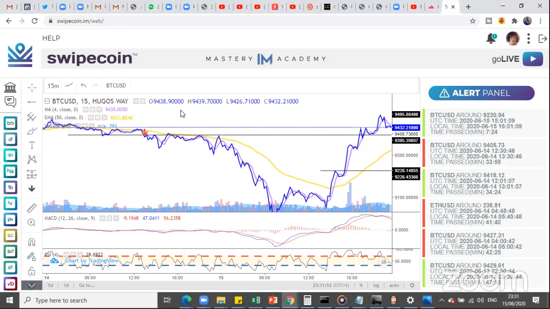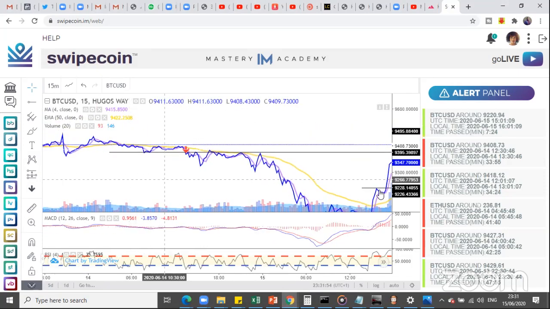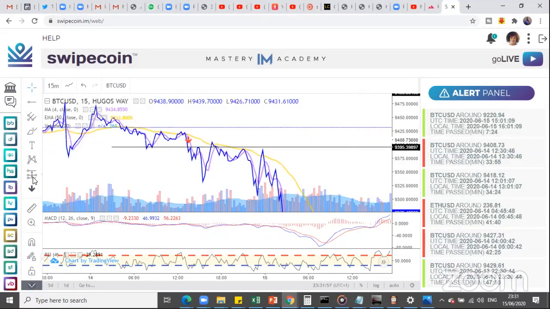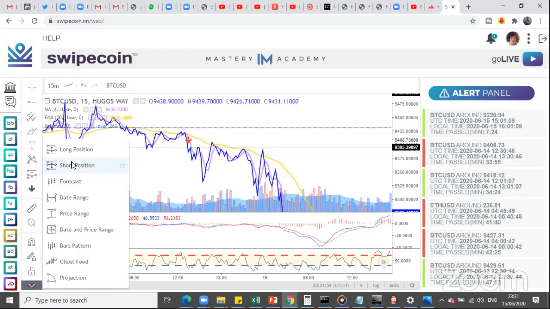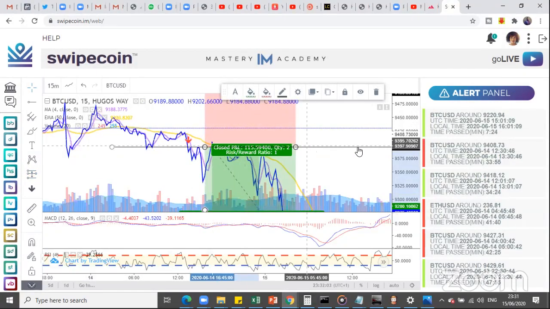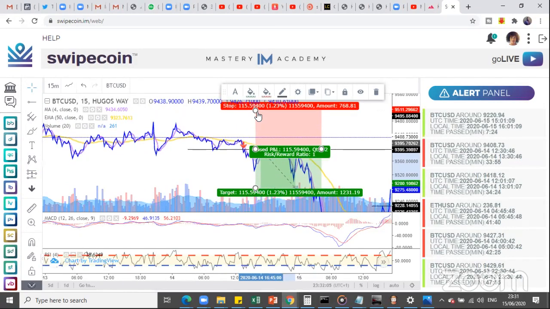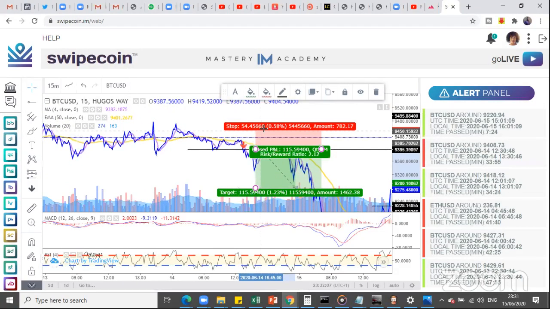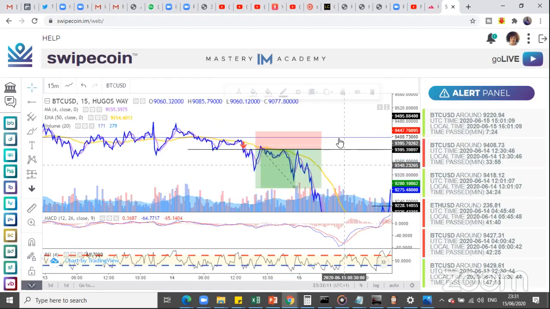Look at it. And once that happens, your stop loss is 50 pips. It is default, that is what they gave us. 50 pips stop loss, 50 pips TP1.